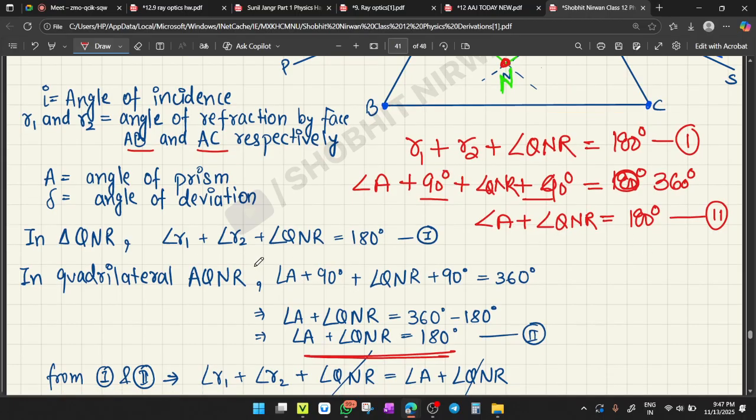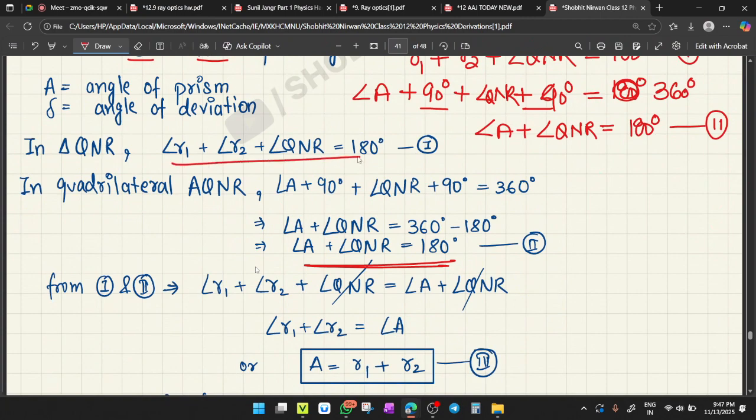First one, angle R1 plus angle R2 plus angle QNR equals 180 degrees by the triangle QNR, and this one. As the right parts are equal, the left parts are also equal. So what is the left part? Angle R1 plus R2 plus angle QNR equals angle A plus QNR.